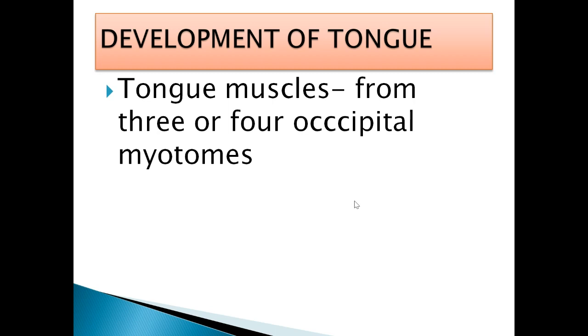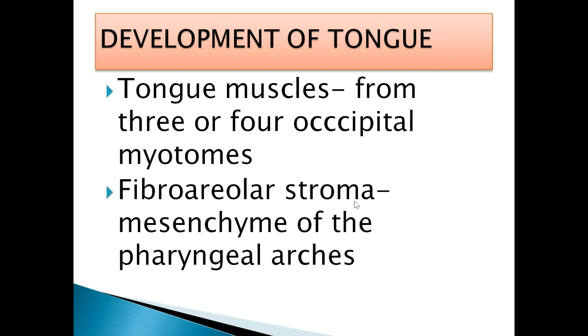So these tongue muscles are supplied by the hypoglossal nerve, which has been dragged along with the occipital myotomes to reach the tongue. The fibroareolar stroma of the tongue develops from the mesenchyme of the pharyngeal arches.